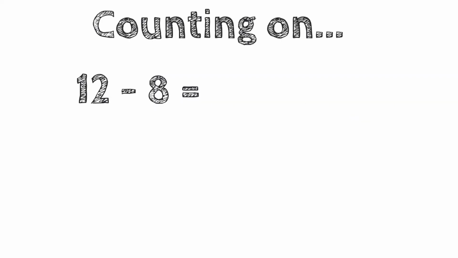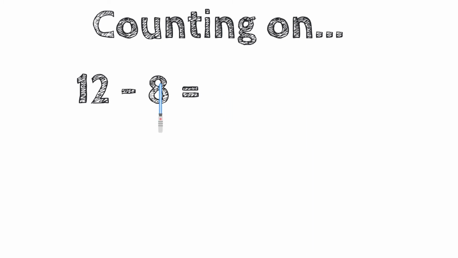First, let's take a look at the counting on strategy again. Now, when we're counting on from what we're subtracting to our whole number, here's what I mean by that. We want to find out the difference between 8 and 12. And remember, that's actually what we call the answer in subtraction, the difference.